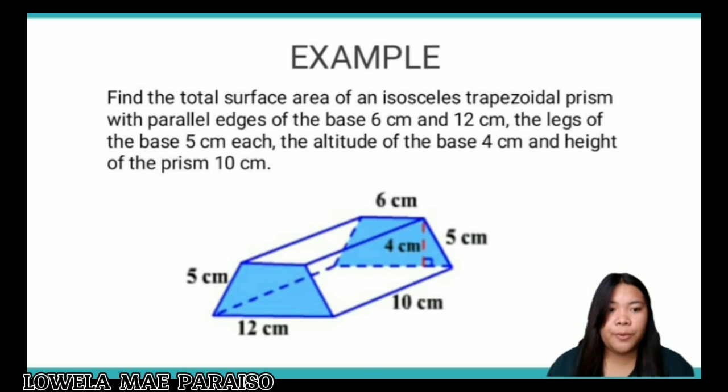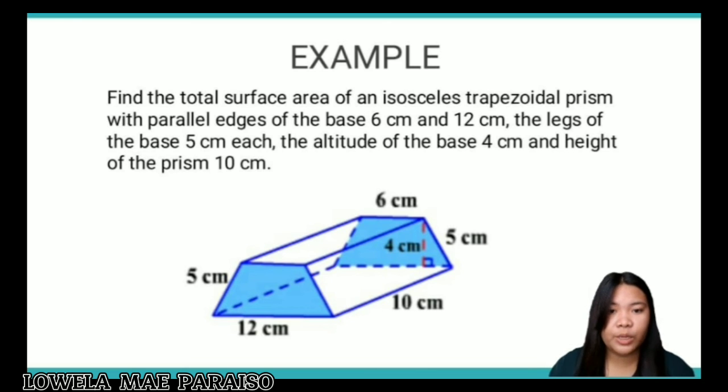So, the perimeter of the base is the sum of the lengths of the sides, which P is equal to 6 plus 5 plus 12 plus 5 is equal to 28 cm. Since the base is an isosceles trapezoid, its area is 1/2 h multiplied by B1 plus B2.